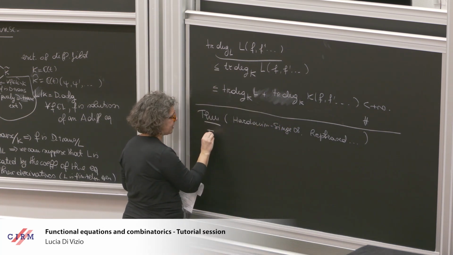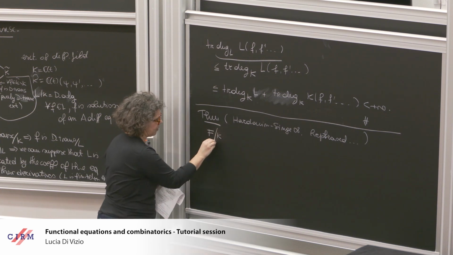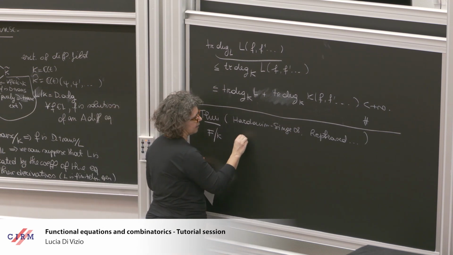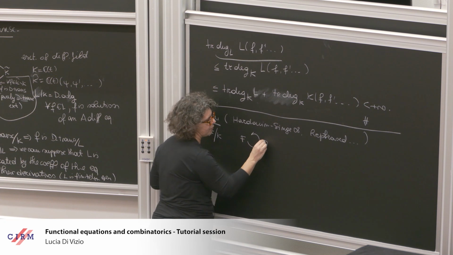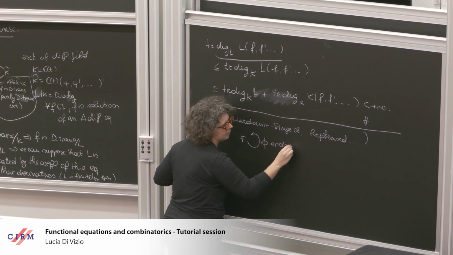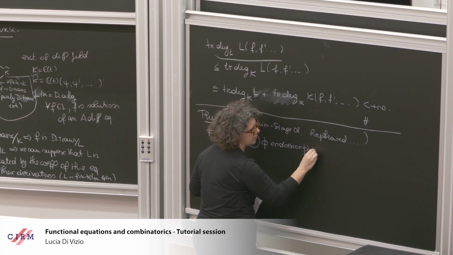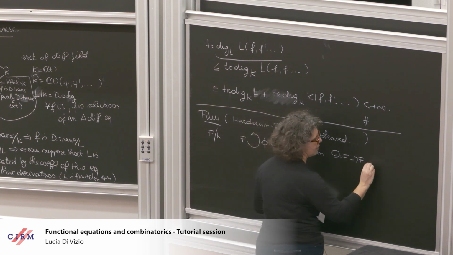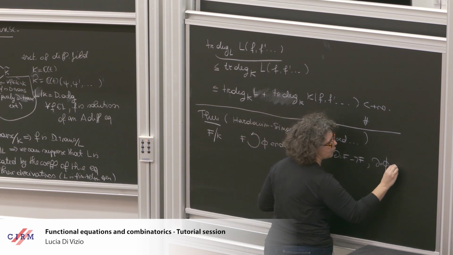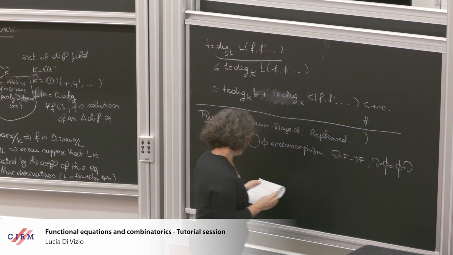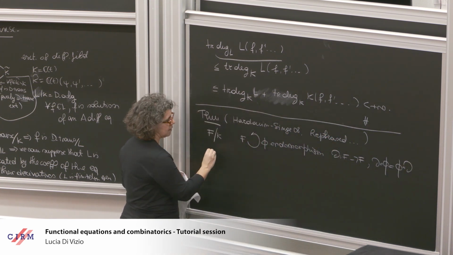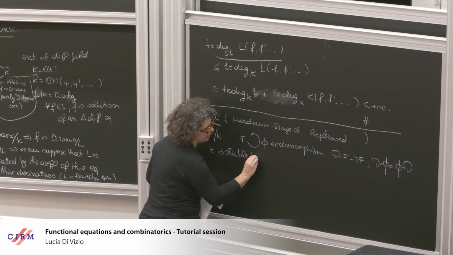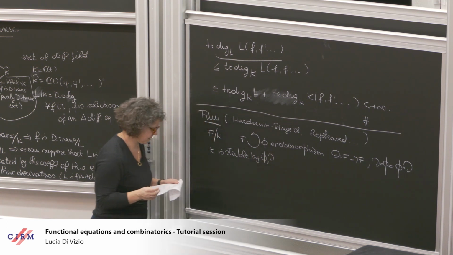So you have a field F over a field K, like here, and F comes with an endomorphism phi and a derivation delta, and delta composed with phi is equal to phi composed with delta, and K is stable by phi and delta, so they act on K.